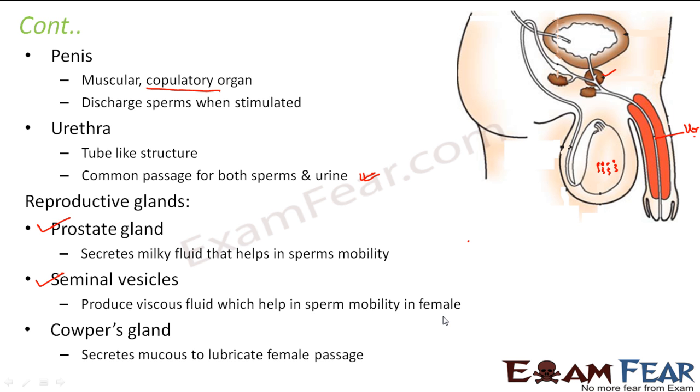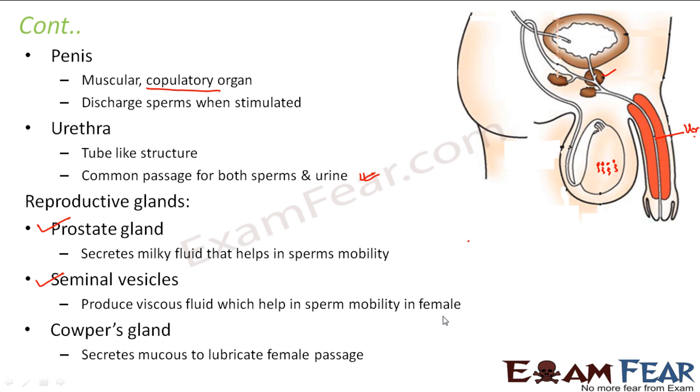So this fluid which is secreted by the seminal vesicles actually helps in keeping the medium alkaline, so that the sperms can remain alive even inside the female body, at least till the time they meet the female germ cell. Because if the sperm dies before it meets the female germ cell, then fertilization will not take place, right?